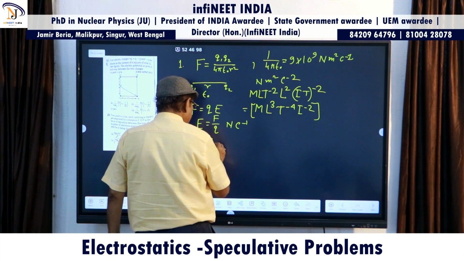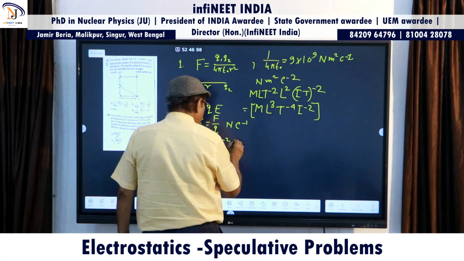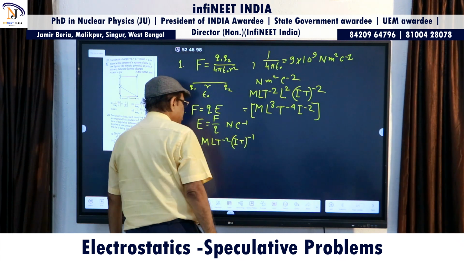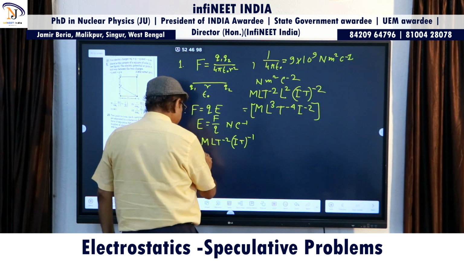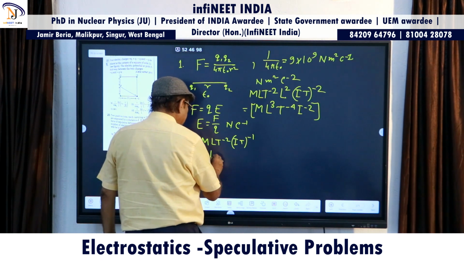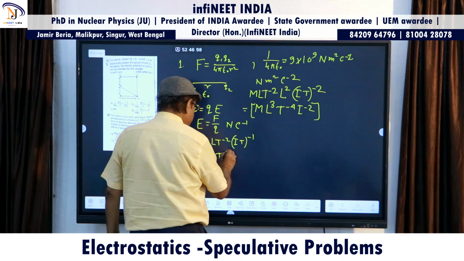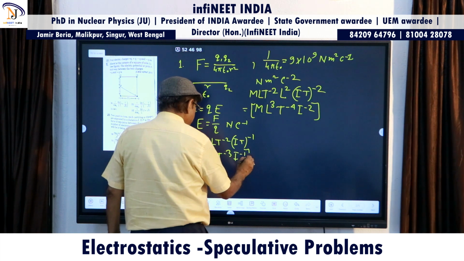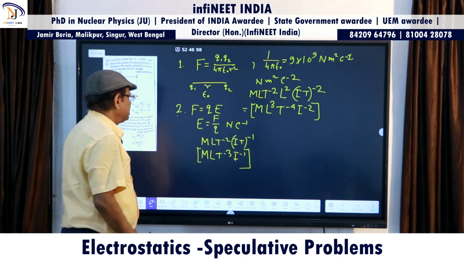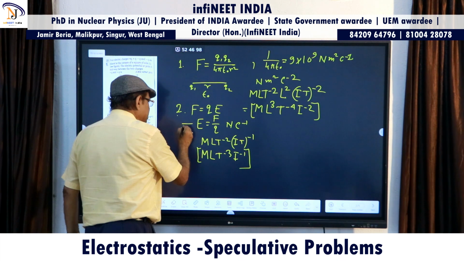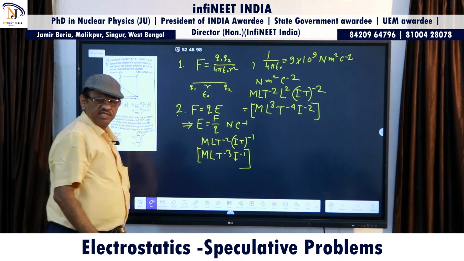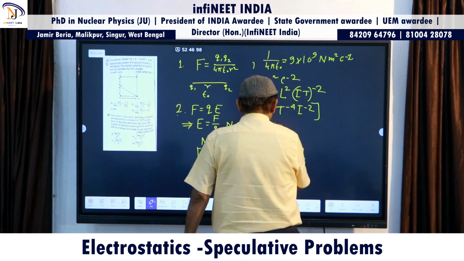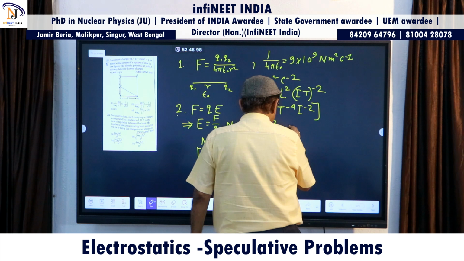M L T to the power minus 2 over I T, that is M L T to the power minus 3 I to the power minus 1. This is the dimension of E, electrical field intensity. Am I clear?